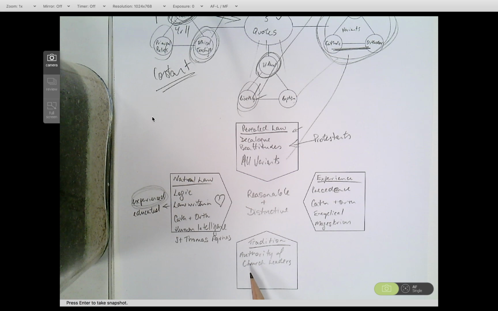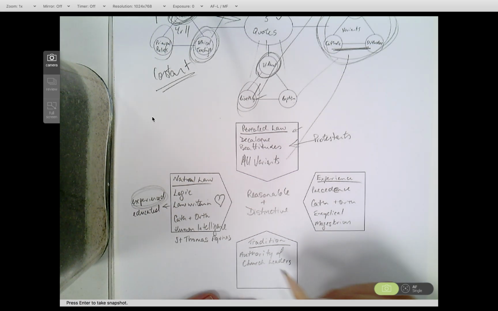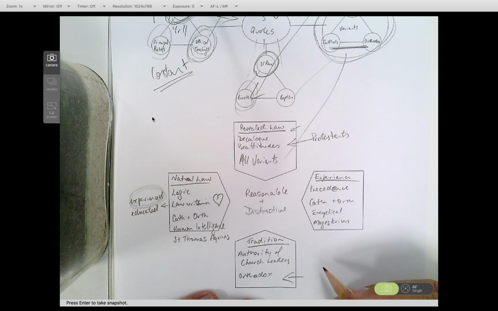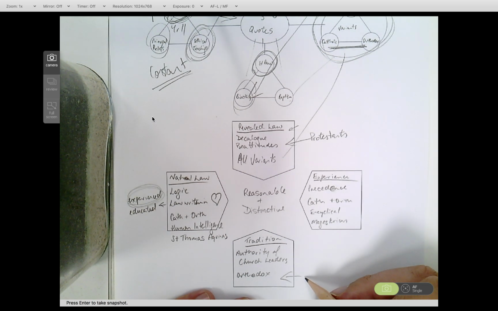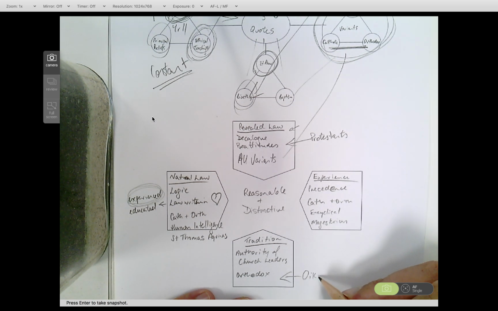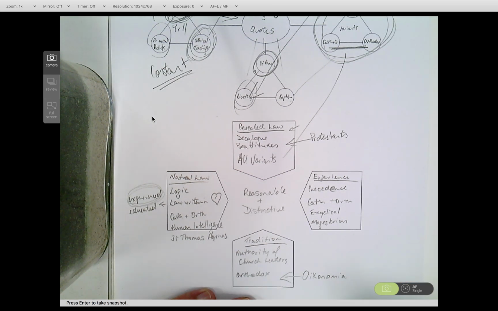What it can do for especially the Orthodox tradition, who would go here, is they have a thing called, now the Greek heritage people would have pronounced it better than me, economia, which is the rule of the house.